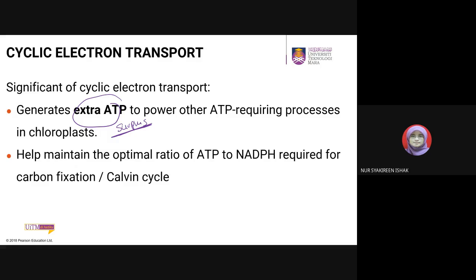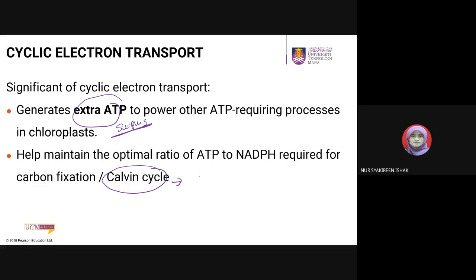To power other ATP requiring process in the chloroplast and help maintain the optimal ratio of ATP to NADPH required for carbon fixation and Calvin cycle. Kalau kita tengok Calvin cycle nanti, Calvin cycle akan menggunakan lebih banyak ATP molecule.